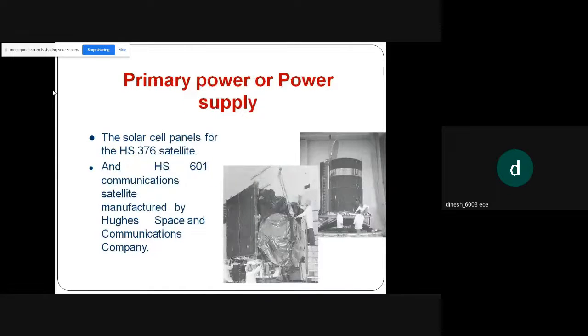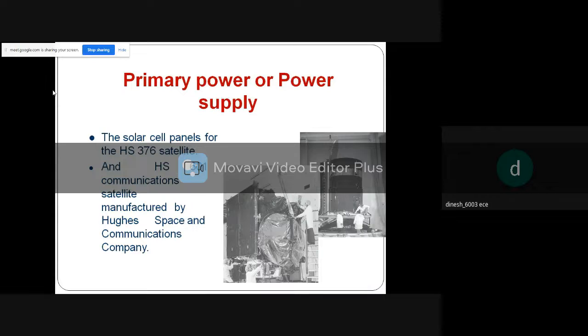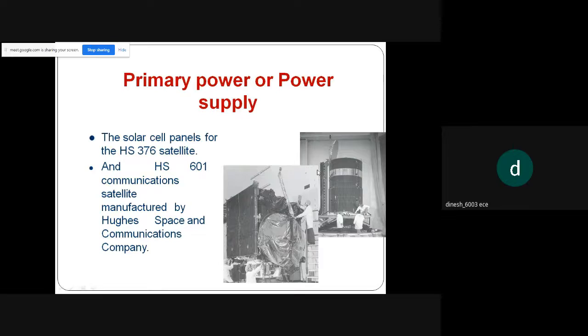So the solar cell panels for an HS 376 satellite are shown in this diagram. You can see in the right corner we have the solar panels placed as arrays. You can see here at the bottom the HS 601 communication satellite, which is manufactured by Hughes Space and Communications Company.